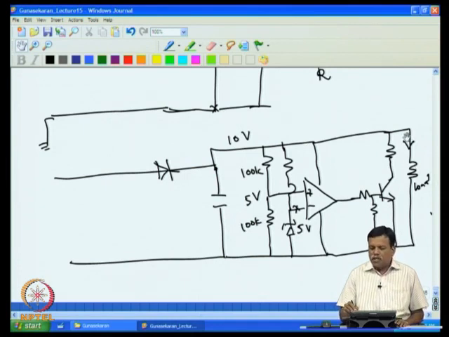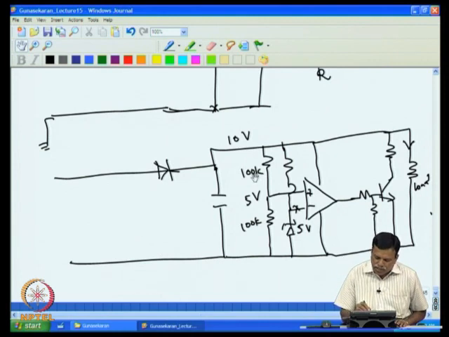So large current flows through this, current through this is reduced. If less current flows through this, current through this is increased, such that the voltage at this point is maintained at, say, 10 volt. So this can maintain any voltage as you like by varying this.